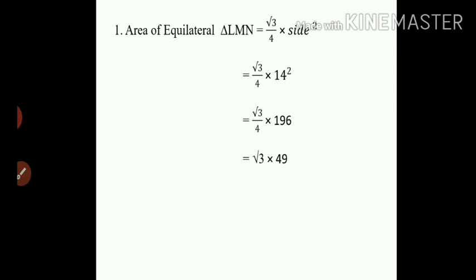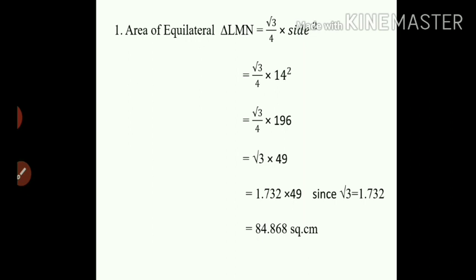So root 3 multiplied by 49. Now students remember that just as the value for pi is 22 upon 7 or 3.14, in the same way the value for root 3 is 1.732. So when you multiply 1.732 by 49, you get 84.868 square centimeter.